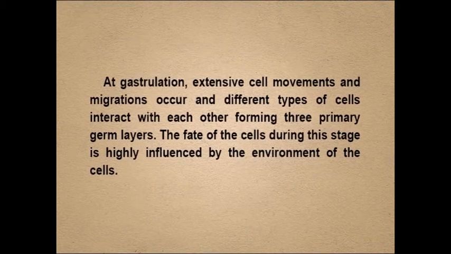At gastrulation, extensive cell movements and migrations occur, and different types of cells interact with each other, forming three primary germ layers. The fate of the cells during this stage is highly influenced by the environment of the cells.